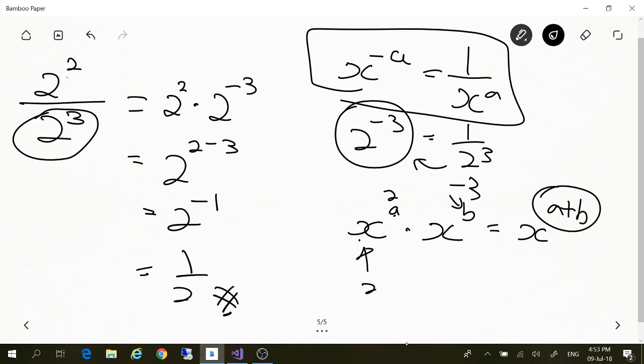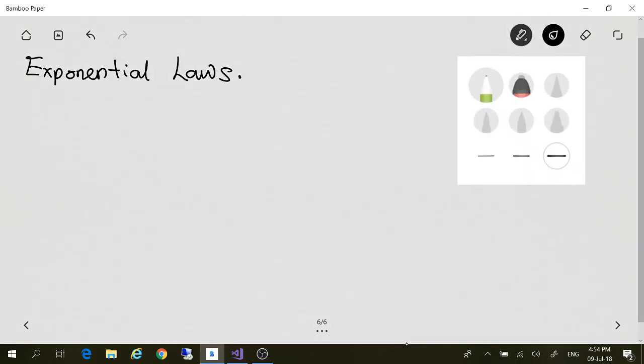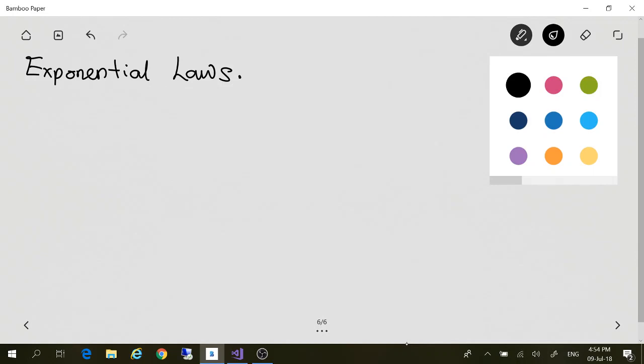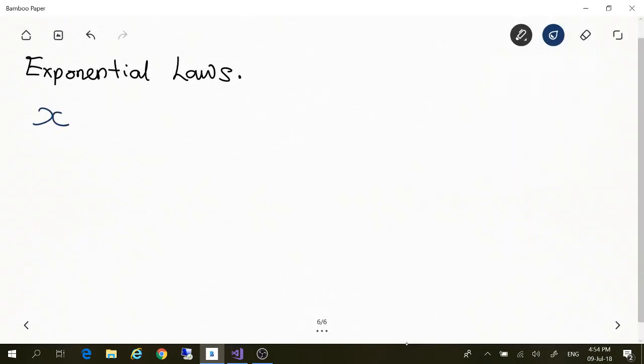So these are the 5 formulas that we're going to learn. Let me recap the laws of exponential again. These are the exponential laws. Let's go on to the first one. X to the power 0 is 1.